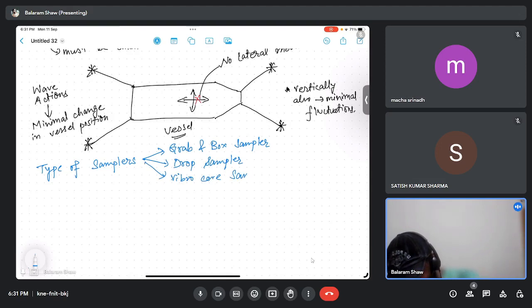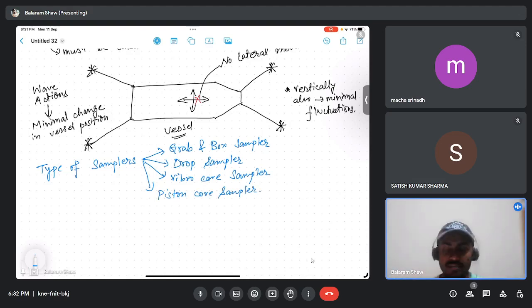We'll be discussing all of these. Then piston core sampler, and several other samplers can be there, drilling samplers and all.